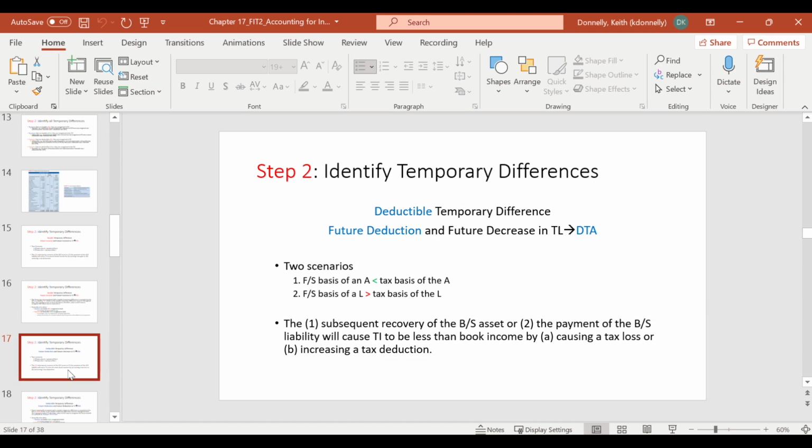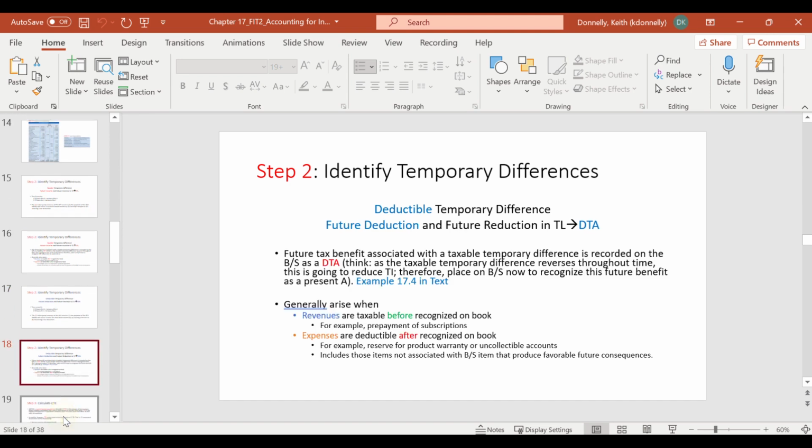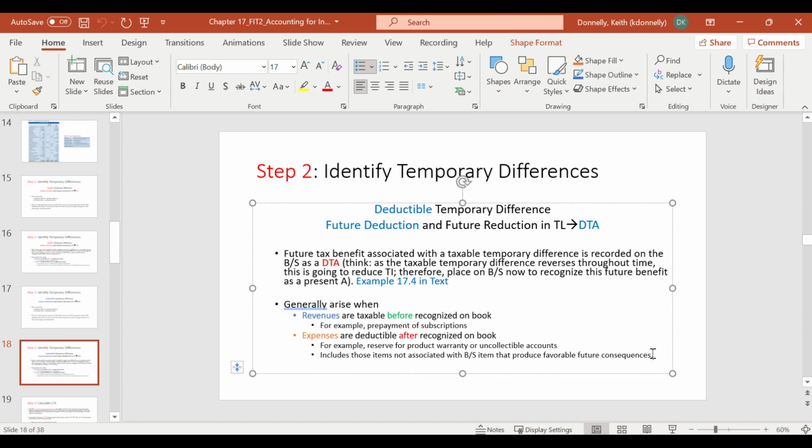In distinction, the remaining two from here are going to be considered deductible temporary differences. So in the future, while it's not good now for us on the tax return, in the future it will be good, and we have to recognize that as a deferred tax asset. These are these guys right here, right?